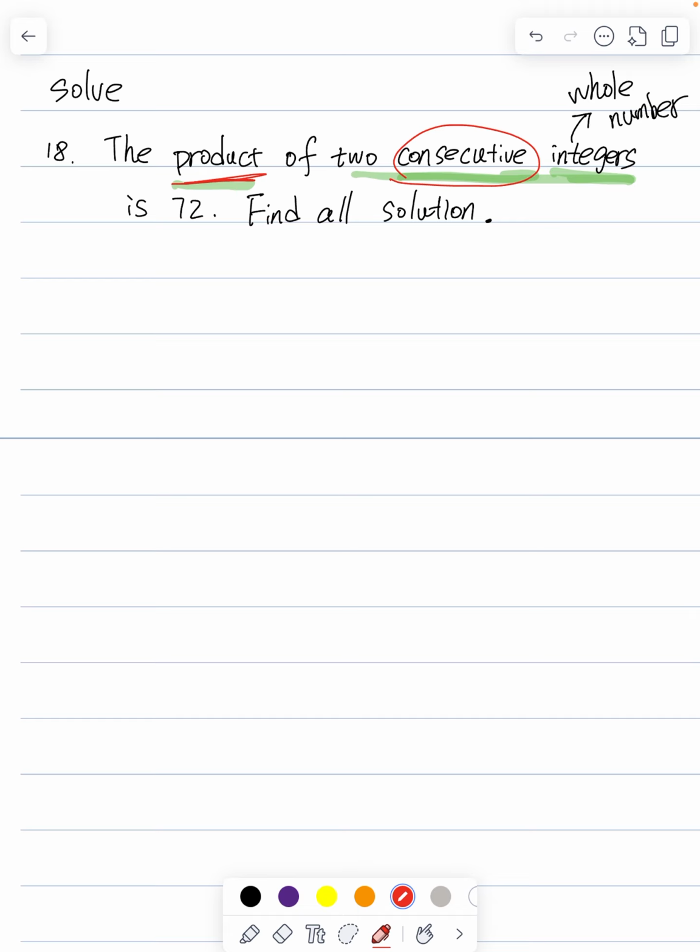Okay. Let one number, we have 2, right? We need to solve for 2. Let the smaller number be x. And then the consecutive, the bigger number, right?